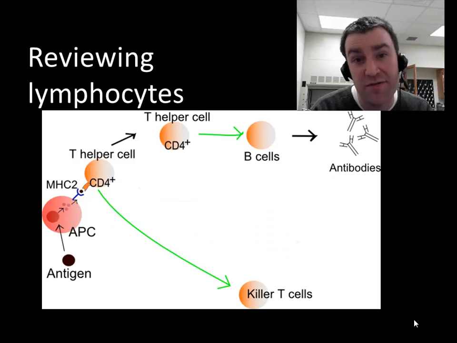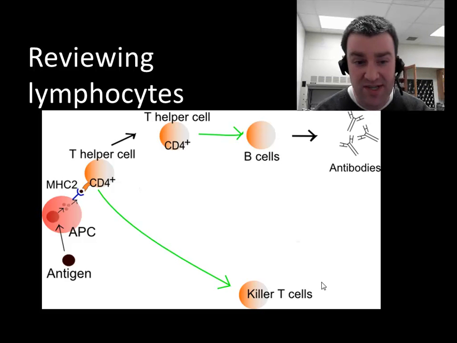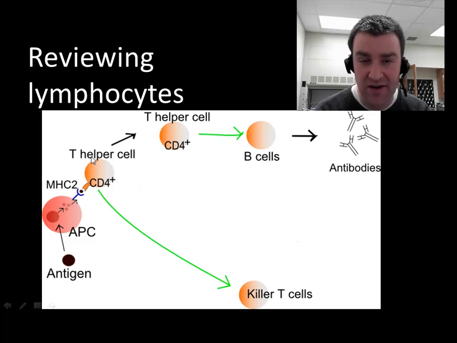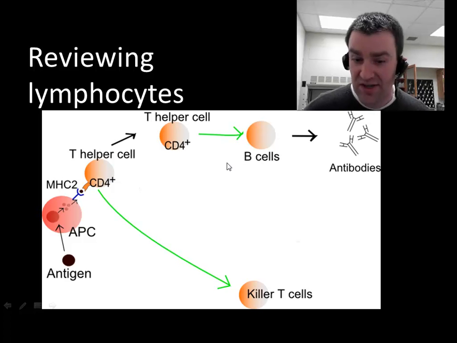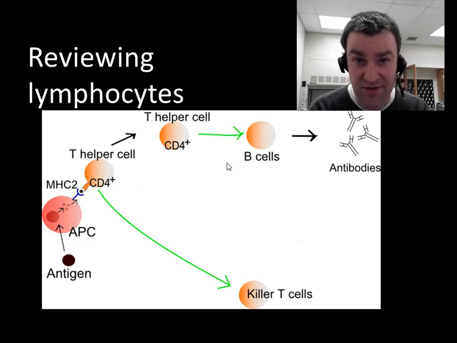So this is just a nice little flow chart that summarizes the overall picture. We have three players. We have the helper T cells. The helper T cells, again, have the job of binding to the pathogen, cloning, and they go around and find the foot soldiers of the specific immune response, the B cells and the killer T cells, and encourage them to clone when they bind successfully.